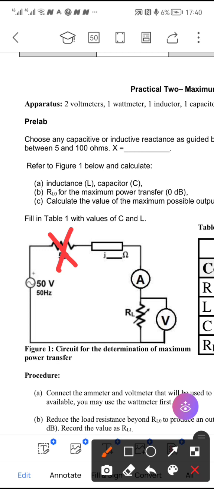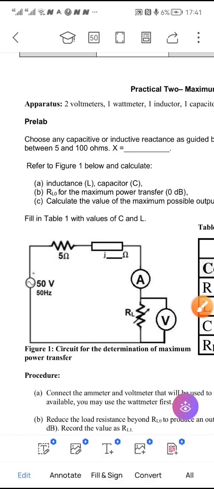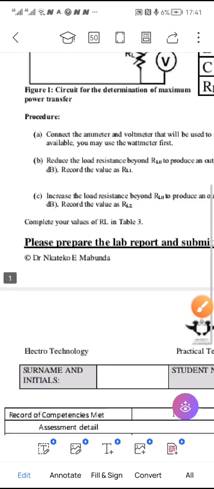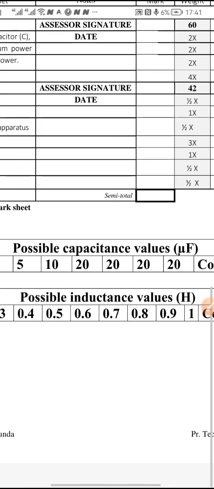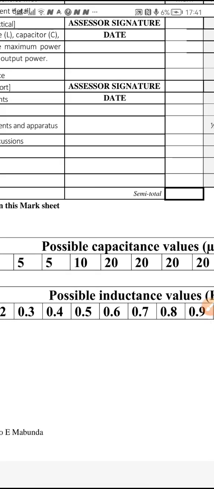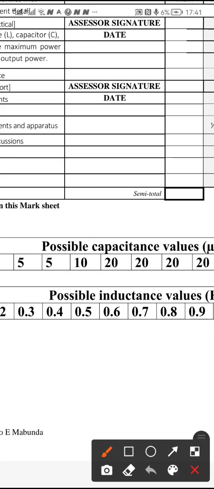Now, what I'm gonna proceed to now is to choose the value of the inductance. You can, if you want to, use the capacitor. I'm not saying in the lab you should choose the inductance. Now, what is a value which doesn't exist within this?